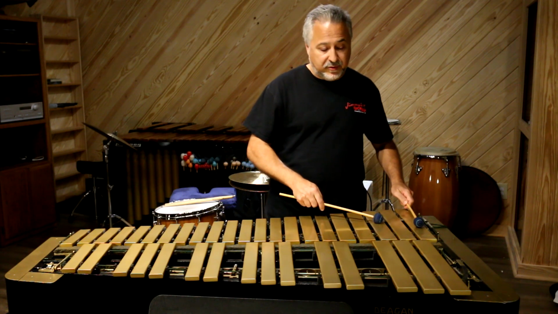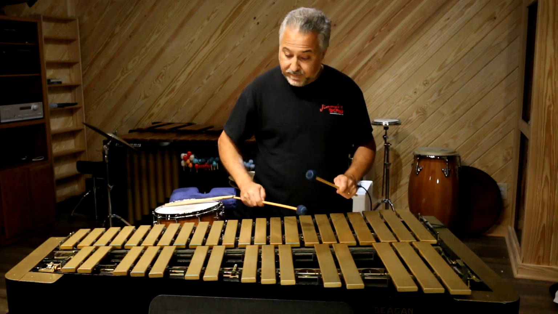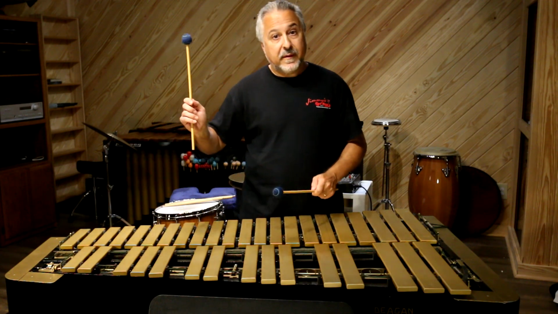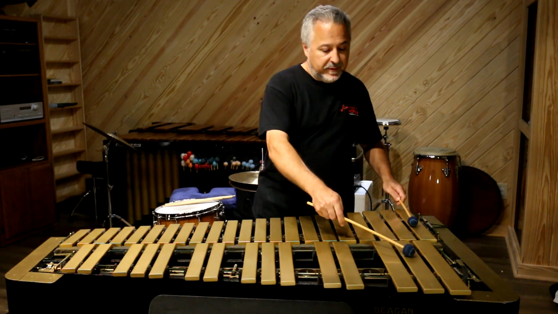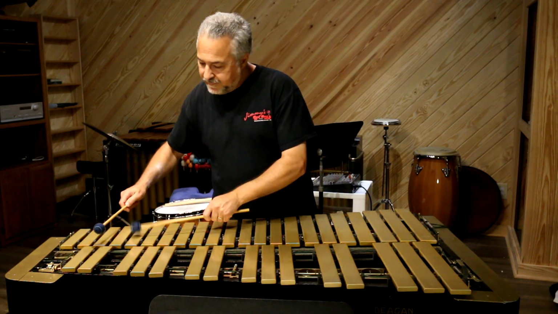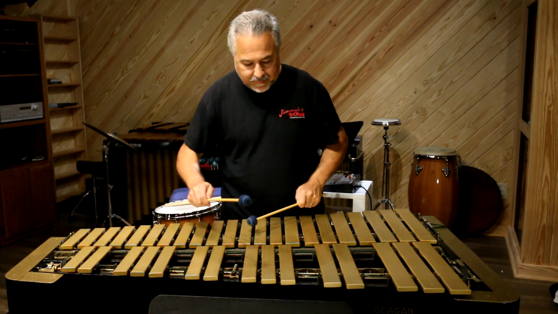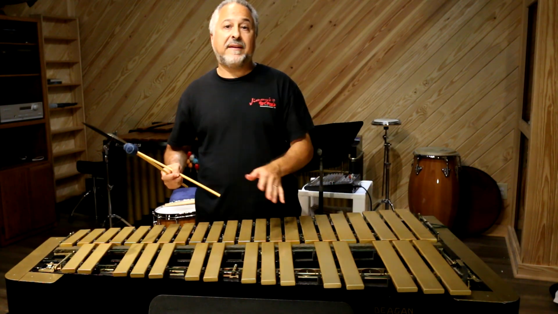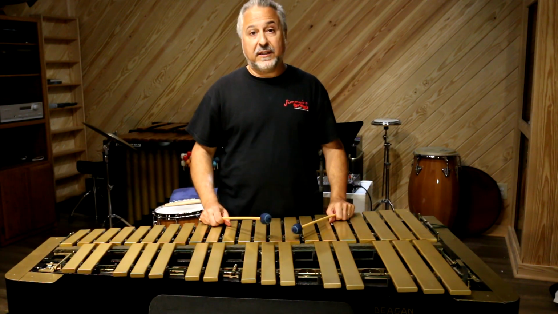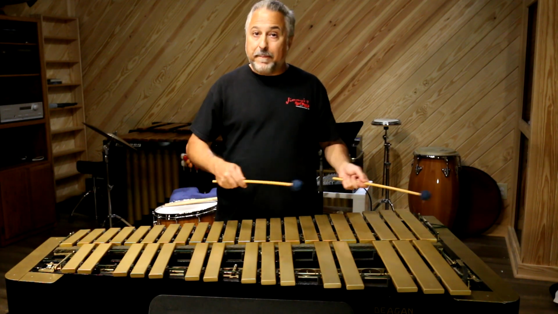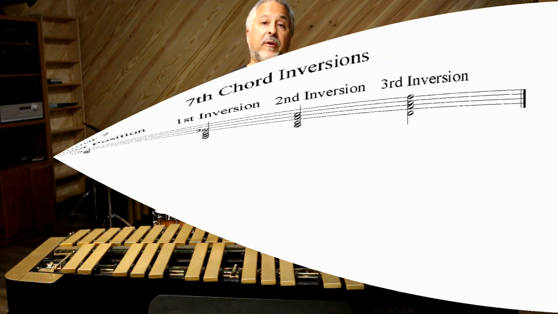And then we do major 7. And then we do diminished 7. And make sure you go up and down. Going down like that is actually a lot harder for most people. It's harder for me. So go up and down, because when you solo, you'll be going up and down.